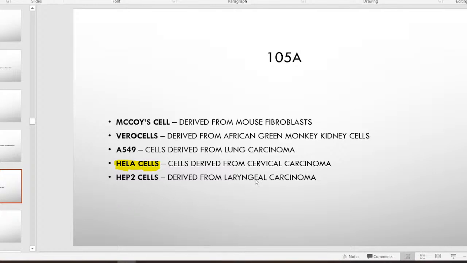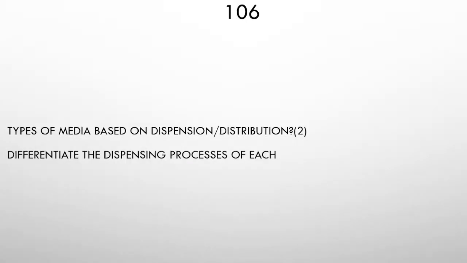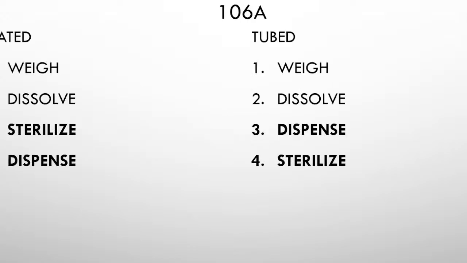HEp-2 cells are laryngeal carcinoma cells. All right, the origin of the name is unknown to me, unfortunately. All right, let's move on to types of media based on dispensing. So we have two types of media, and how they are dispensed is as follows.